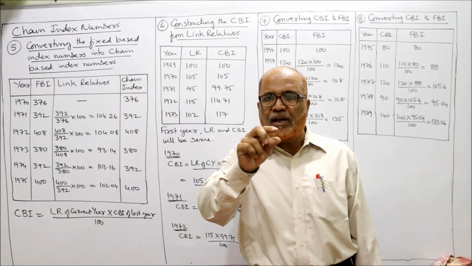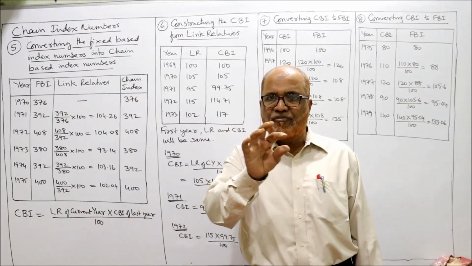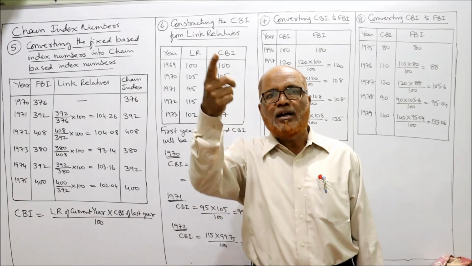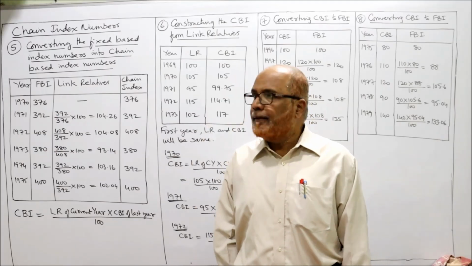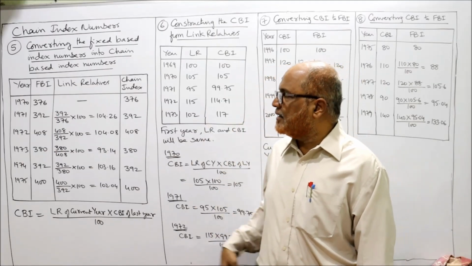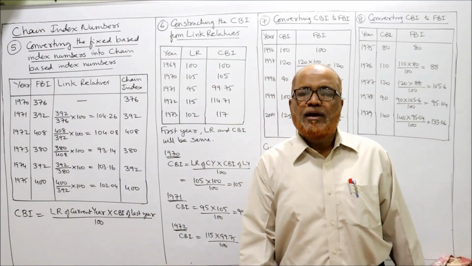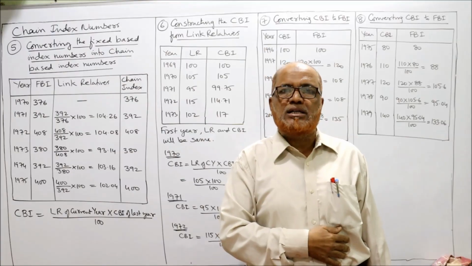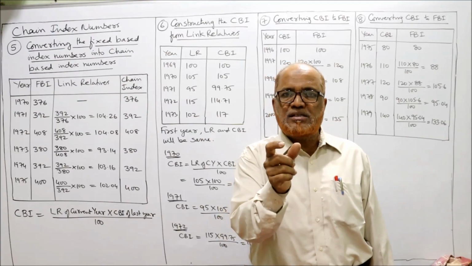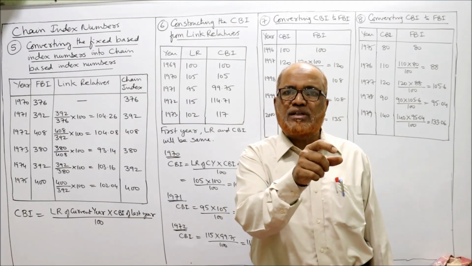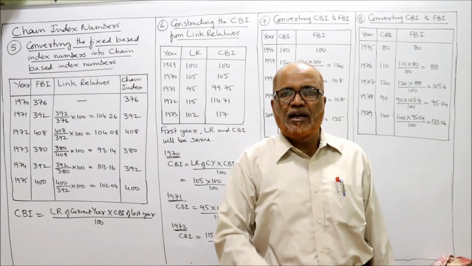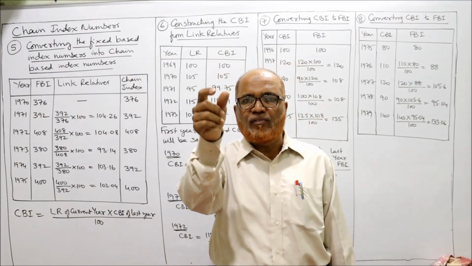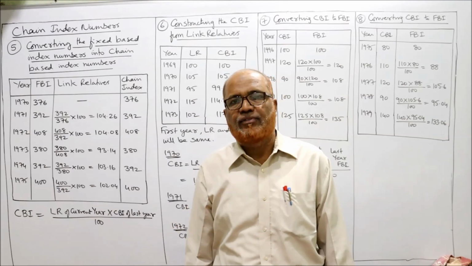Take the FBI of the current year divided by the FBI of the last year, into 100. The fixed base index of the current year divided by the fixed base index of the last year into 100. Like this we calculate for all and we get the link relatives.